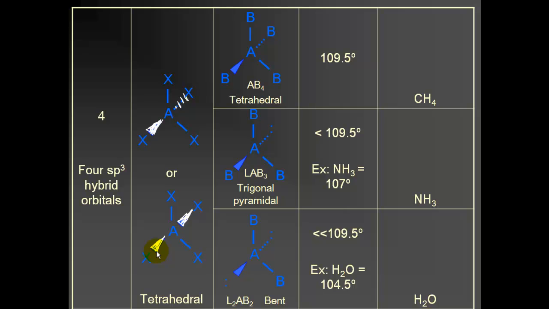Water is that bent structure. That was the first example on our lab, where water, the H's are kind of bent down closer to one another. That's because water has these 2 lone pairs up here that are pushing down on the H bonds and bringing them closer together. So when they push down, this bond angle here decreases from 109.5 to less than that.